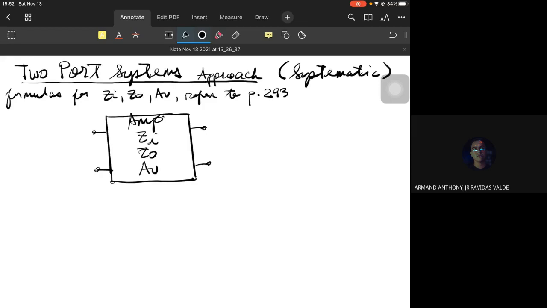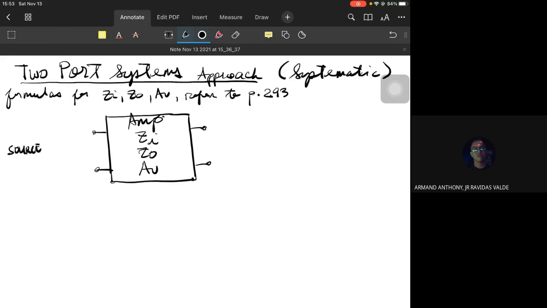Basically, there are two. We can cascade amplifiers; possibly this is just one of the many amplifiers we connect it with. Or if it is a singular amplifier, on the left portion of our system we connect the source.